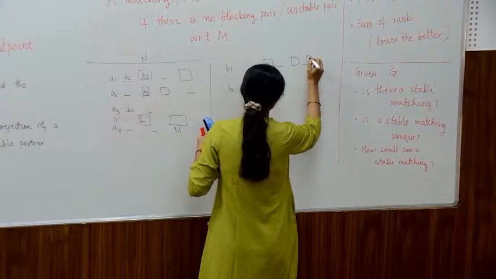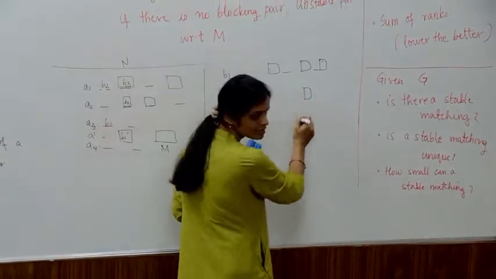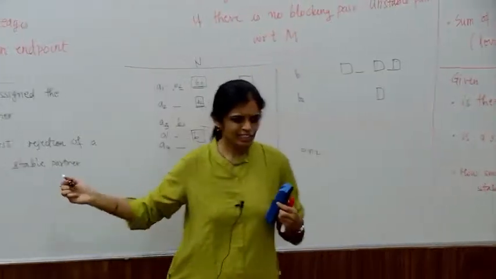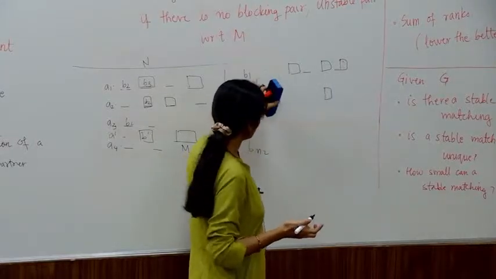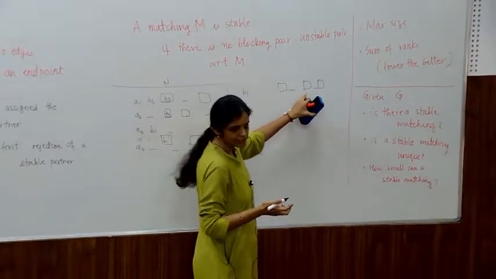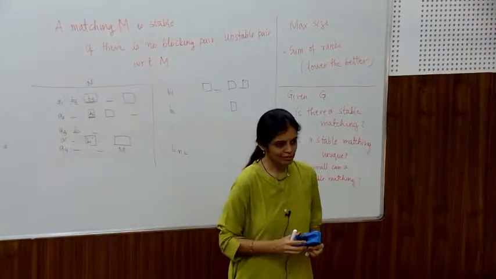Our claim is that the matching M gives you the last box. It just follows from the A-optimality. If a B doesn't get this and gets something better, then you can prove a blocking pair. You can try it out.